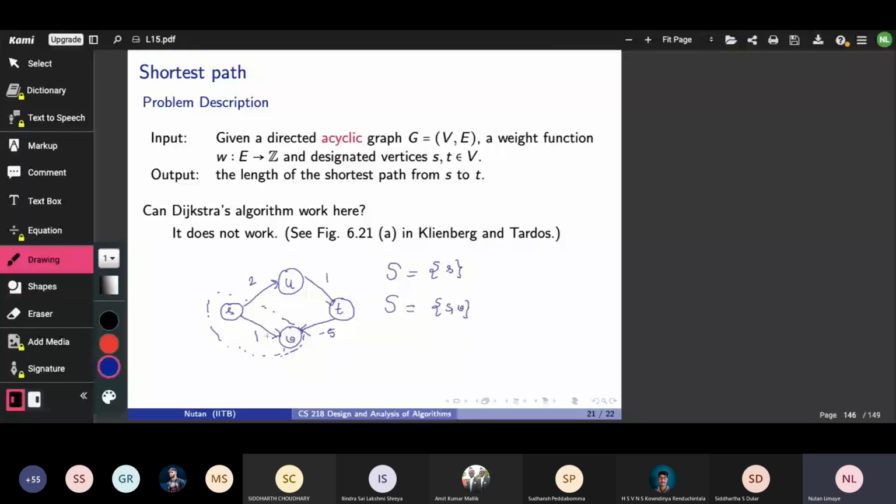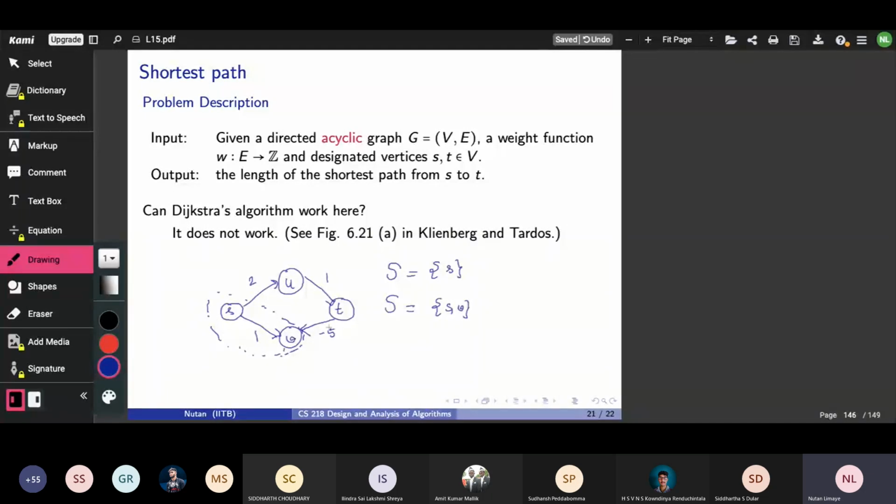This sort of reasoning makes sense if all the weights are positive. That is, at no later point will you be able to find a path that leaves from a weight 2 edge but reaches V with a cost smaller than 2. Suppose all weights are non-negative, then you know that if you leave S along the edge that is weighted 2 as opposed to the one that is weighted 1, then eventually to reach V via this edge is going to cost you greater than or equal to 2.